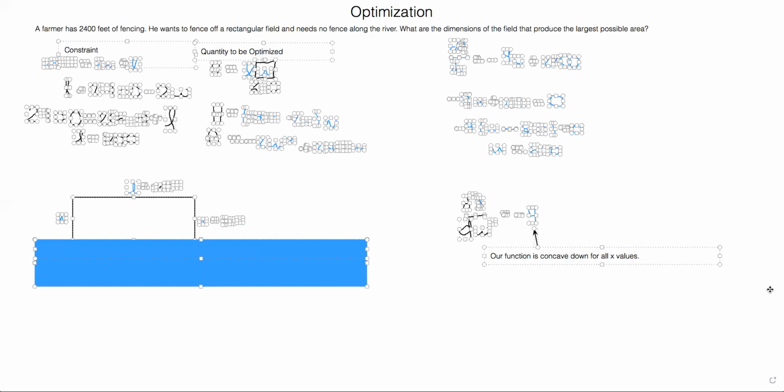Cool. So the next problem in my book tells us that a cylindrical can is made to hold a liter of oil.